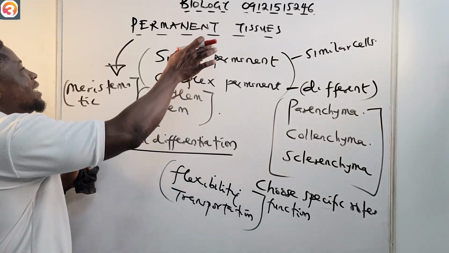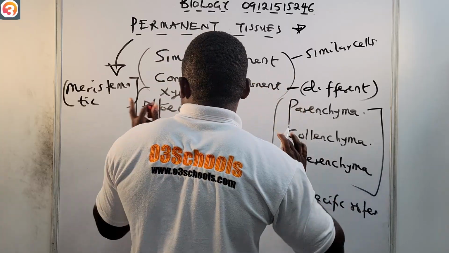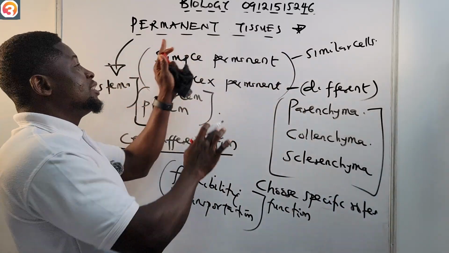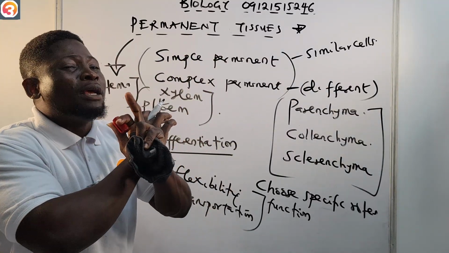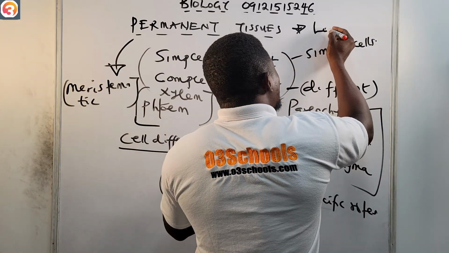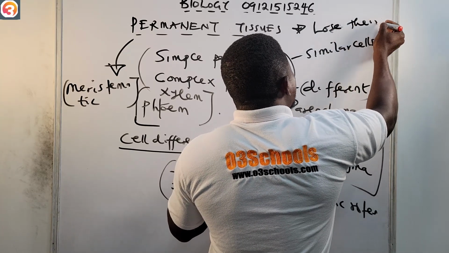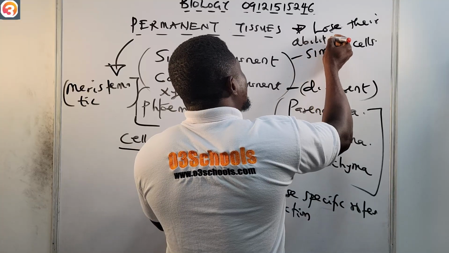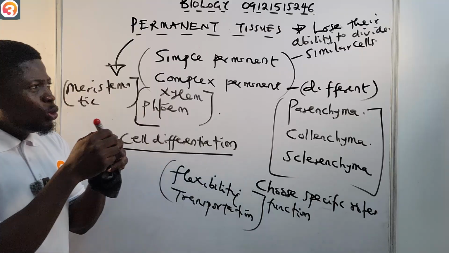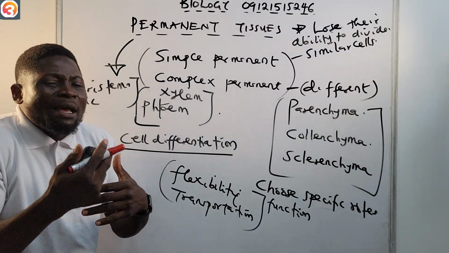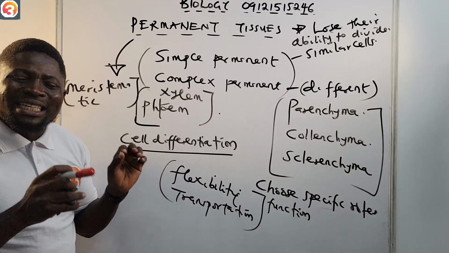And then these permanent tissues will lose their ability to divide, because the meristematic tissues have now converted to permanent tissues. Instead of dividing, they will not be able to divide any longer because of this cell differentiation.